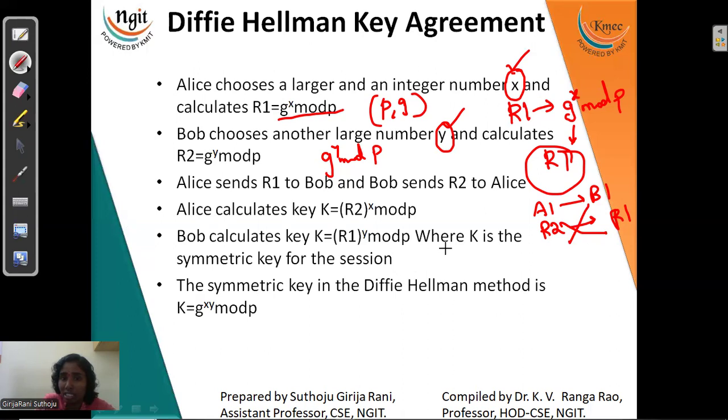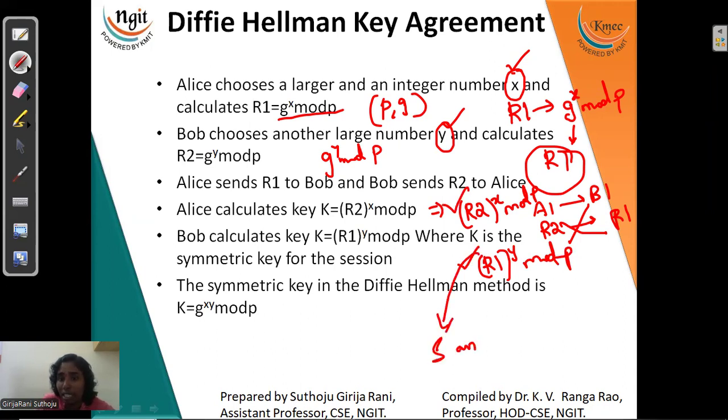After this, the only step we perform is at Alice's side: R2 to the power of its own private number x mod p. Similarly, at Bob's side, he has received R1 to the power of y, his own key, mod p. So this value and this value will provide the same key at both Alice and Bob.